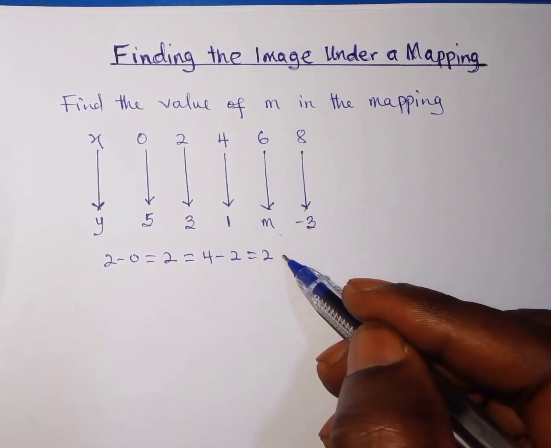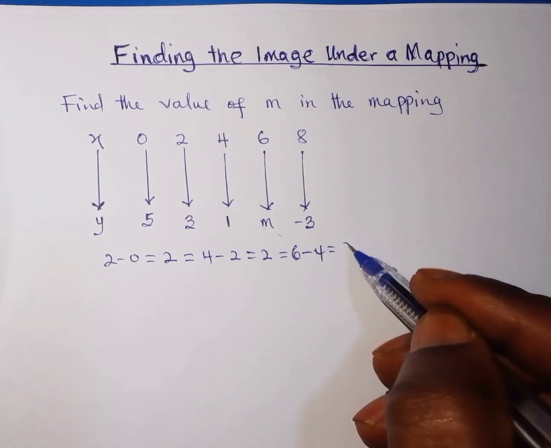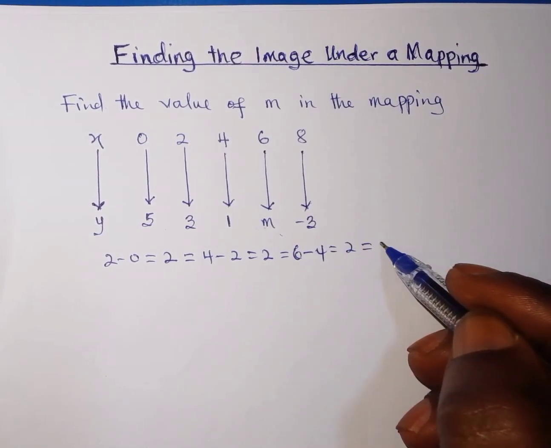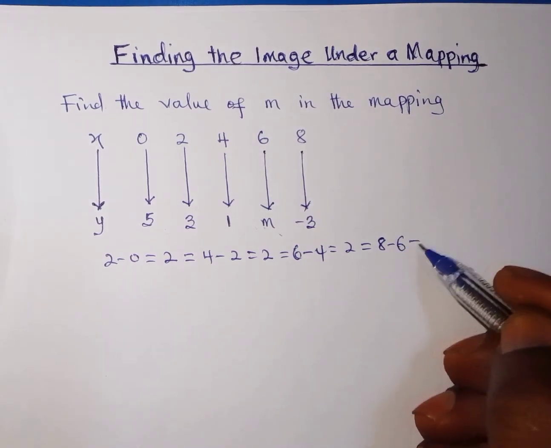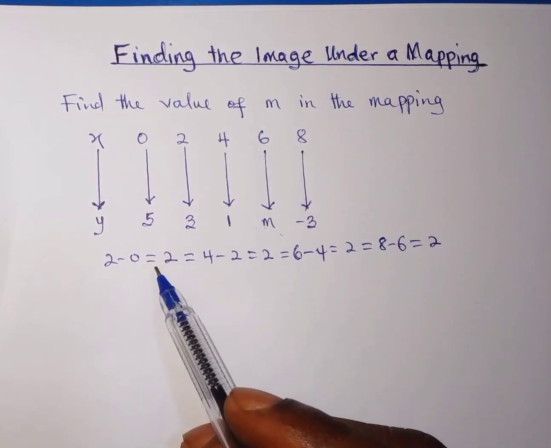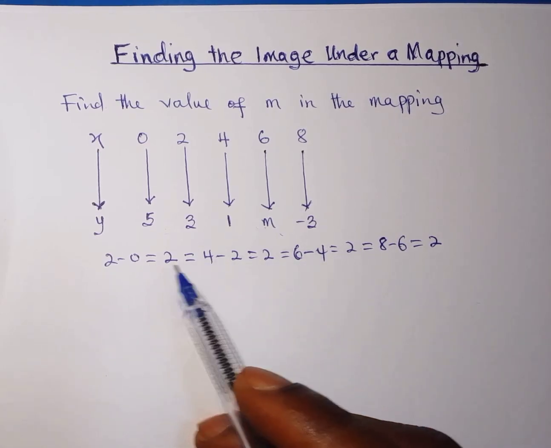When I subtract 4 from 6, it gives me 2, and when I subtract 6 from 8, it also gives me 2. So I'm getting a constant value as the difference of the domain.